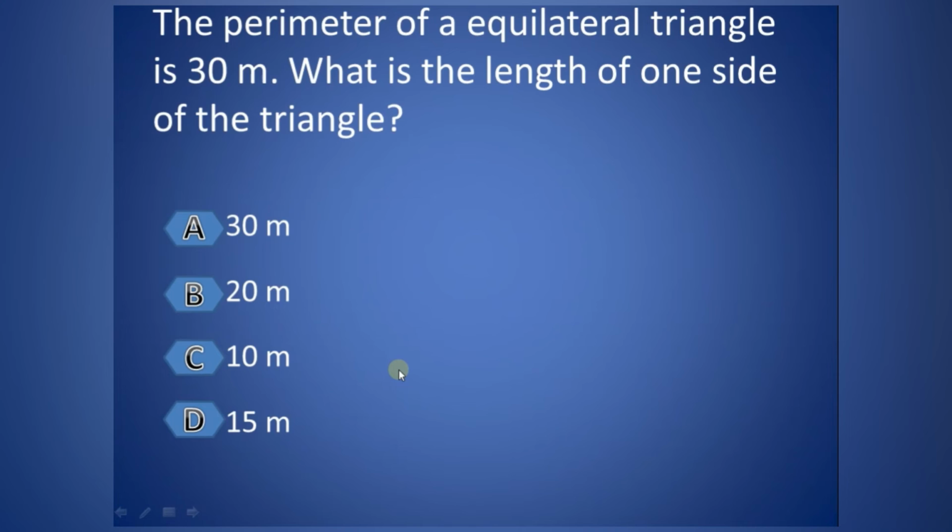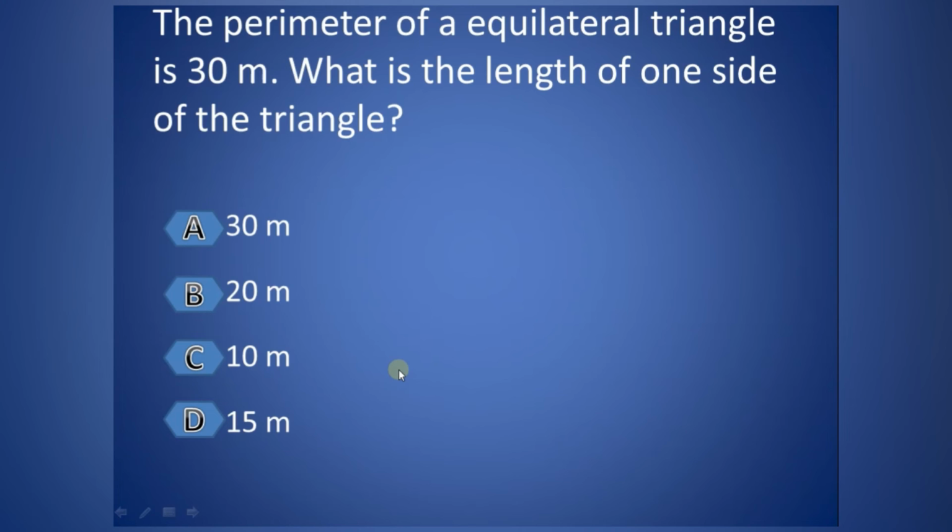They already calculate the perimeter for us, so what we need to do is to find what one of the sides is equal to. And if it is an equilateral triangle, that means the three sides are equal. So to find it, we'll have to divide the 30 by 3 because it's 3 equal sides, and in order to find one side, we have to do division.